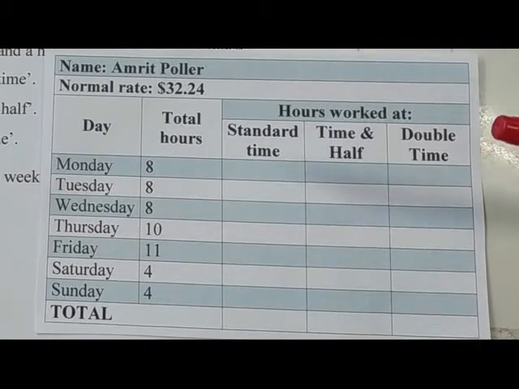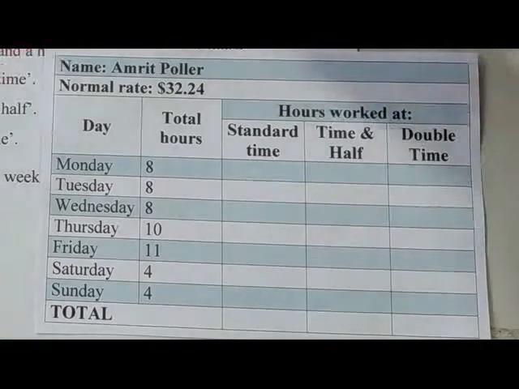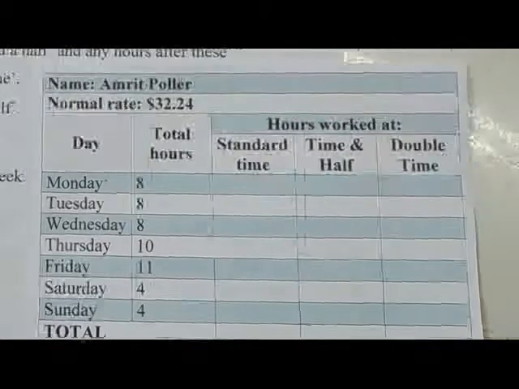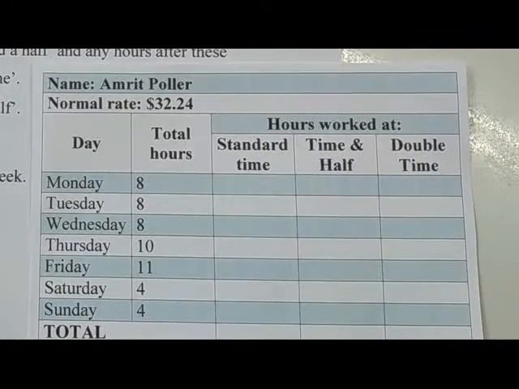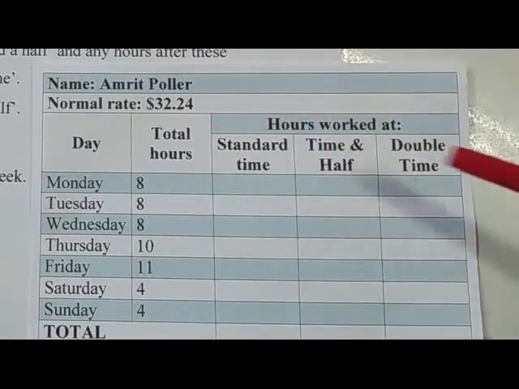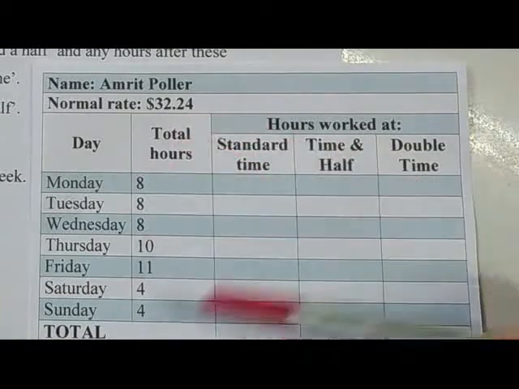So we need to apply these 4 rules to fill this weekly payment of rate. As you can see in this sheet, there is standard time, time and a half, and double time, and we're going to fill this based on the rules.